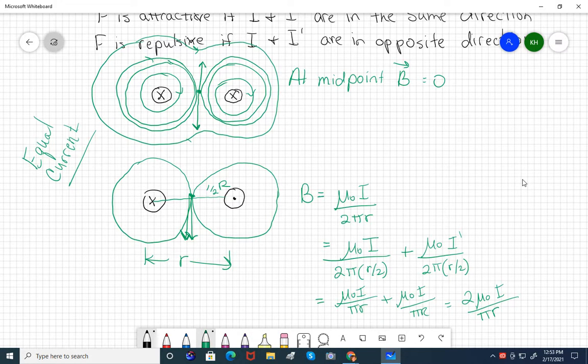Main thing I want you to know is when they point in the same direction, that is an attractive force. When they point in opposite directions, that is a repulsive force. Now, there are a variety of other types of conductor configurations.